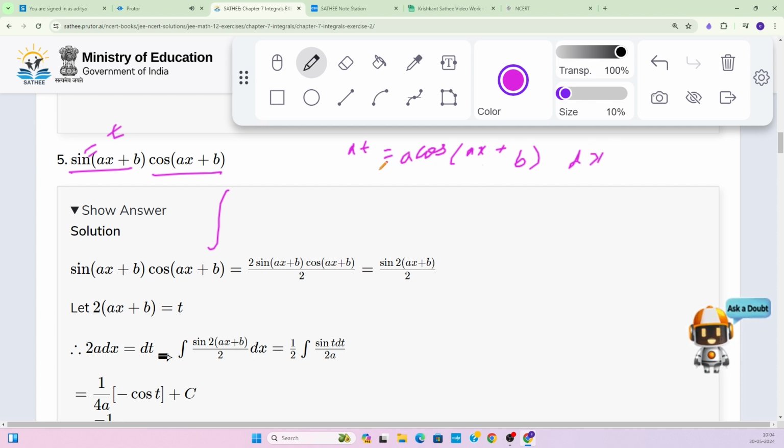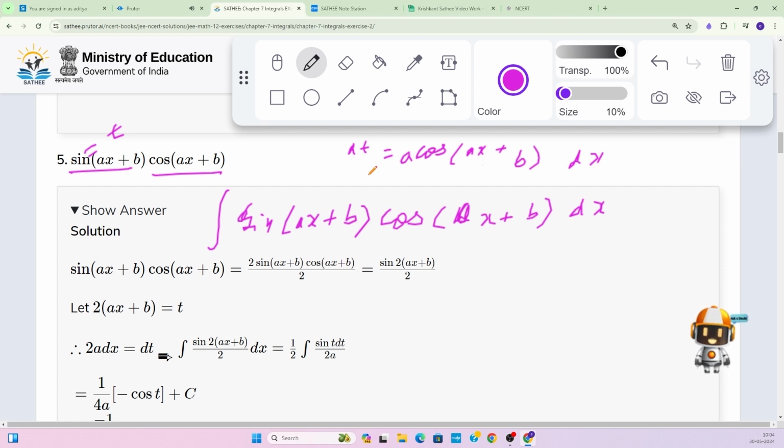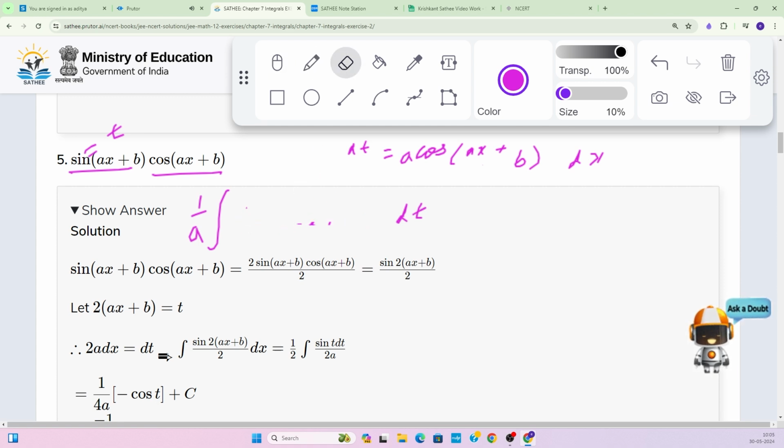This means this expression cos(ax plus b) dx can be replaced by dt by a. The whole thing can be replaced by dt by a. So this is 1 by a, and here you will use t. You just took this as equal to your t.